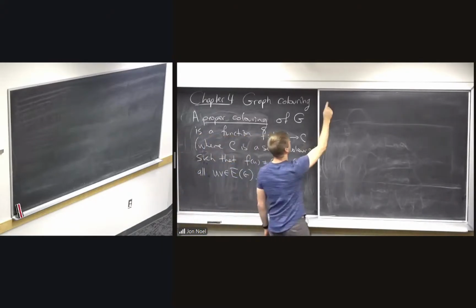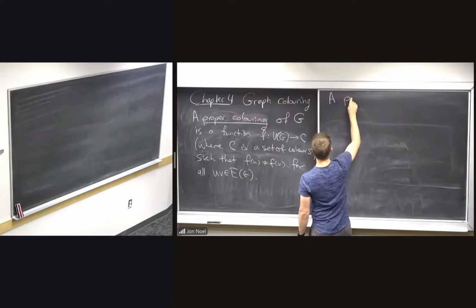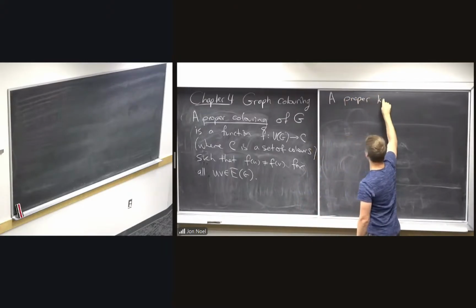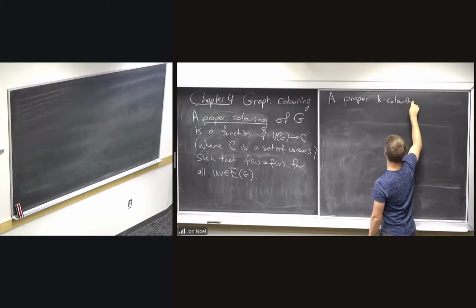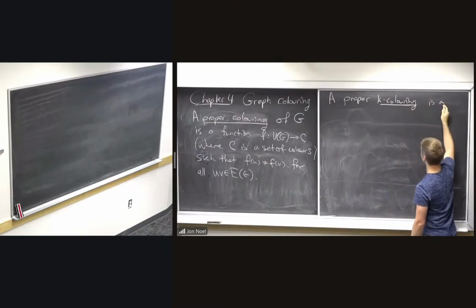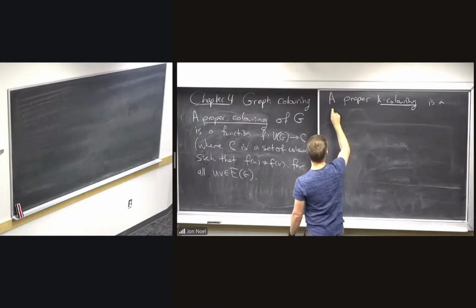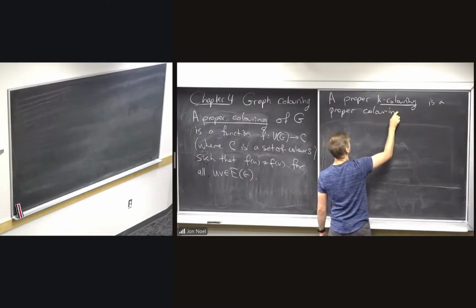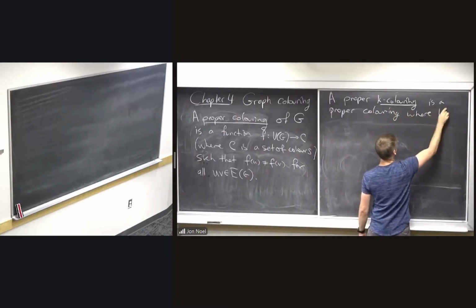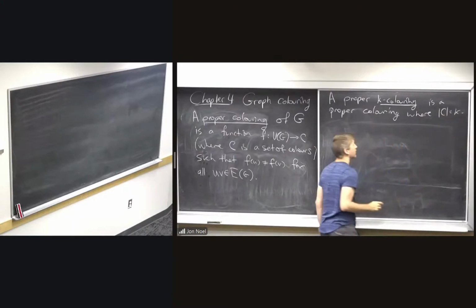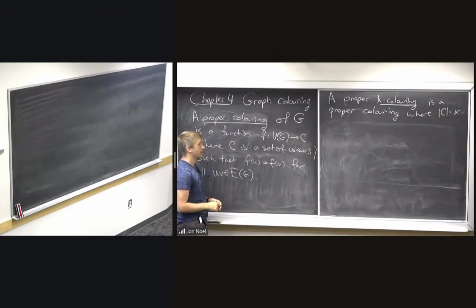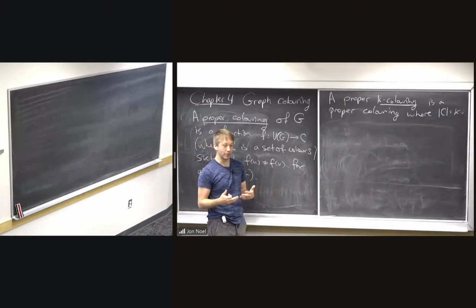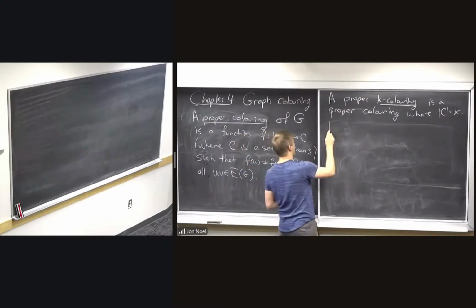So also it's useful to have a notion of a proper K coloring, which is a proper coloring where the number of colors is K. Okay, so then the key parameter that we want to focus on, at least in vertex coloring, is the chromatic number.